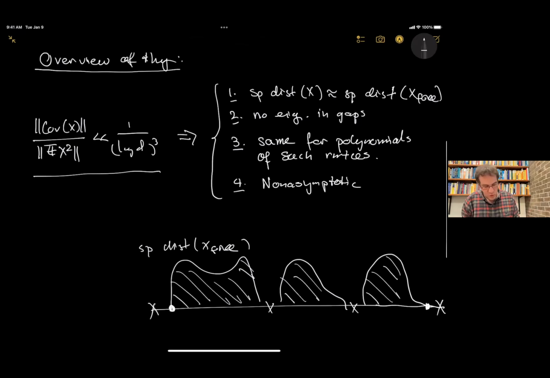I have also focused on Gaussian matrices. There are also non-Gaussian versions of this, but I do not have enough time to talk about them right now.